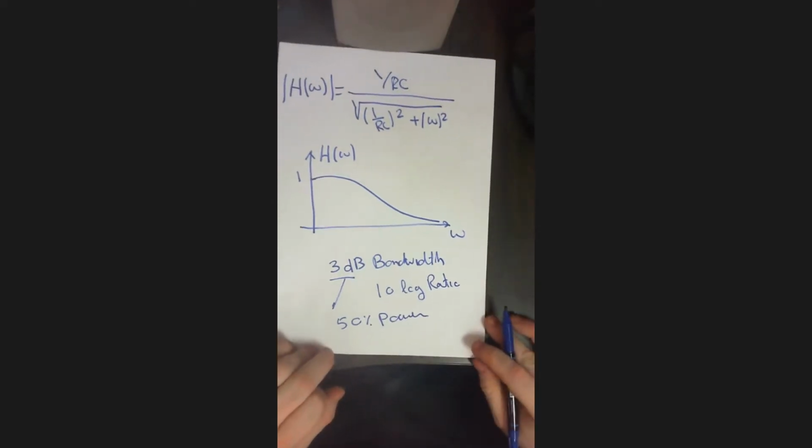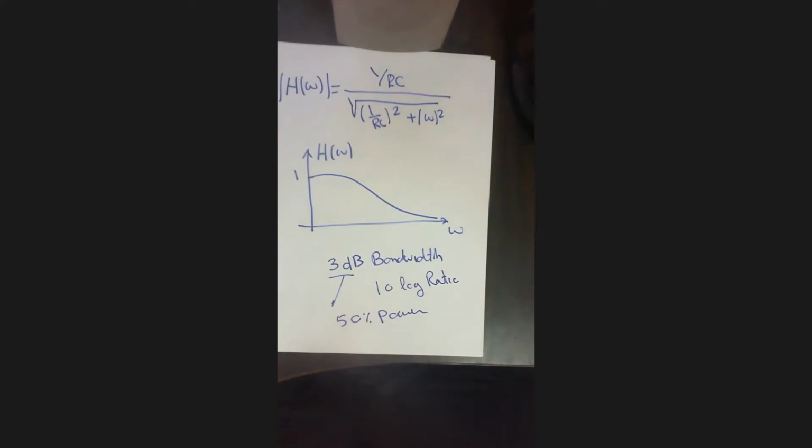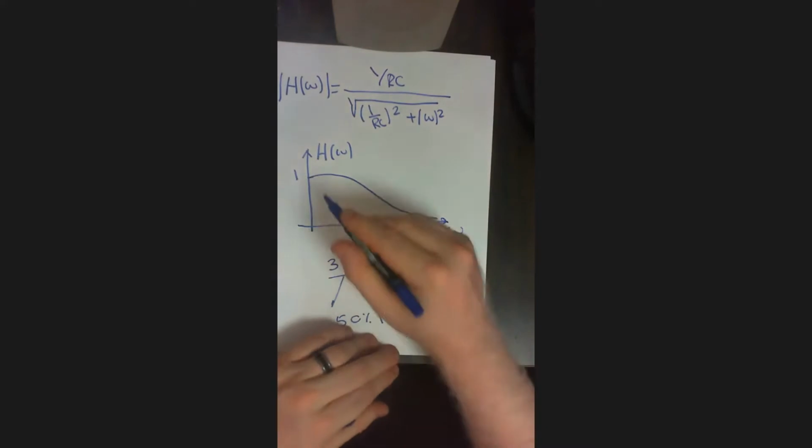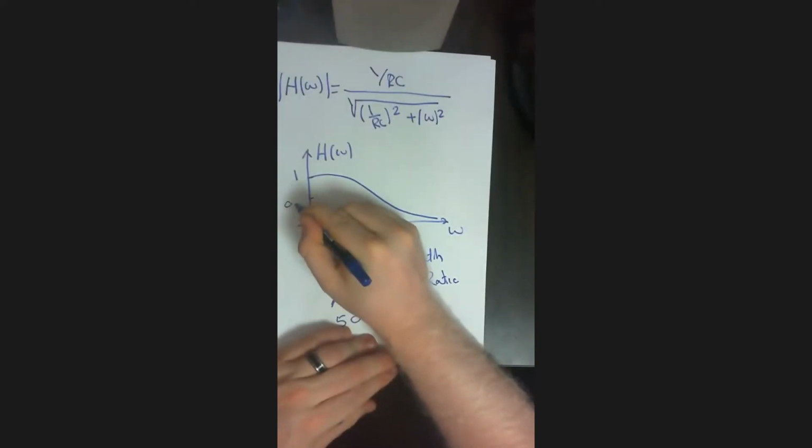Whenever the response is less than 50%, you will consider this in the stop band. And whenever it's greater than 50%, you will consider this in the pass band. The maximum value is 1, so 50% of this maximum value is simply 0.5.